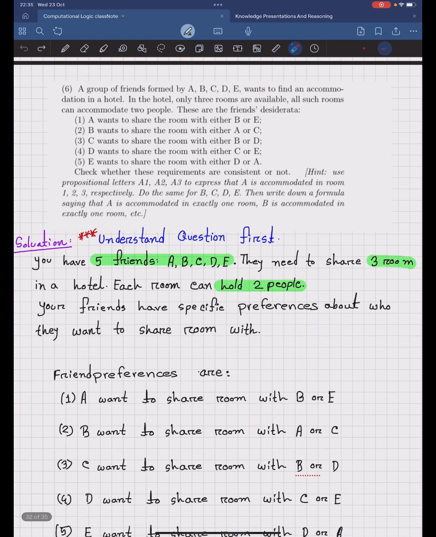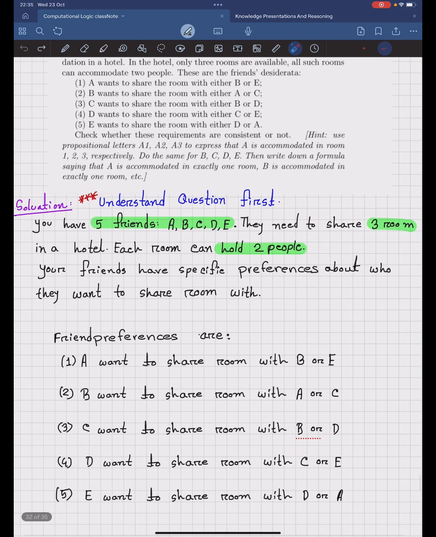Let's think about it like this: imagine that you have five friends named A, B, C, D, and E. They need to share three rooms. One room can hold a maximum of two people.